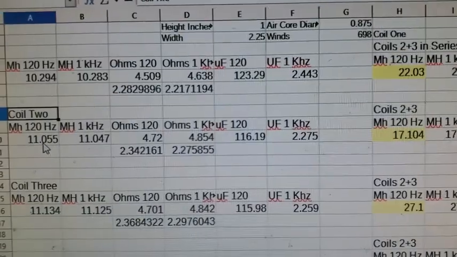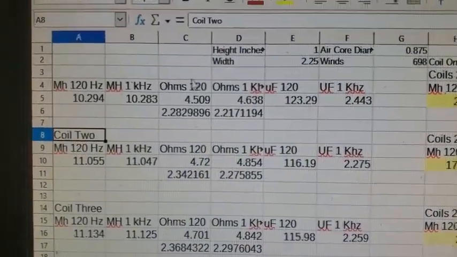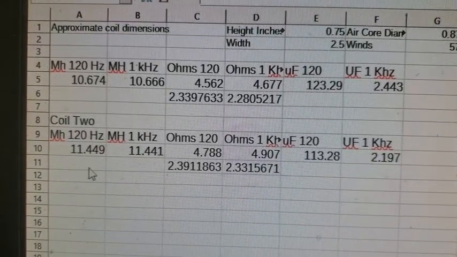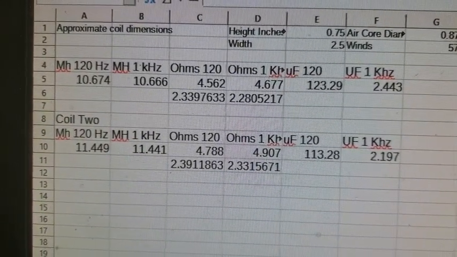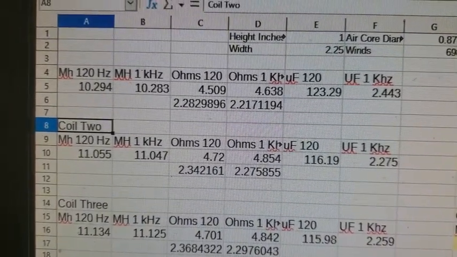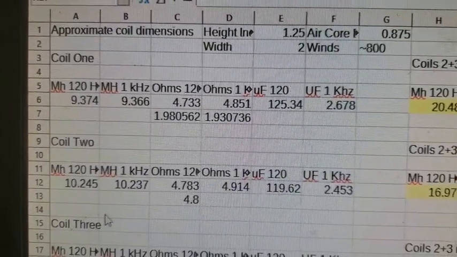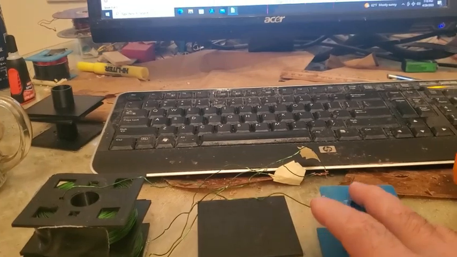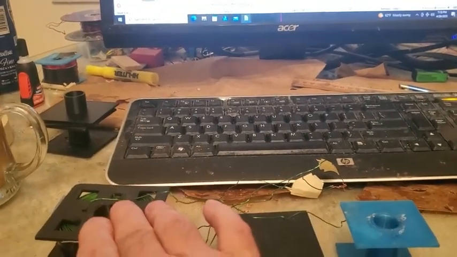And the inductance has jumped again, not as much, 11.449, from 11.055 from 10.245. But you can see that the inductance for a given length of wire varied so far from 10.24 to 11.4.